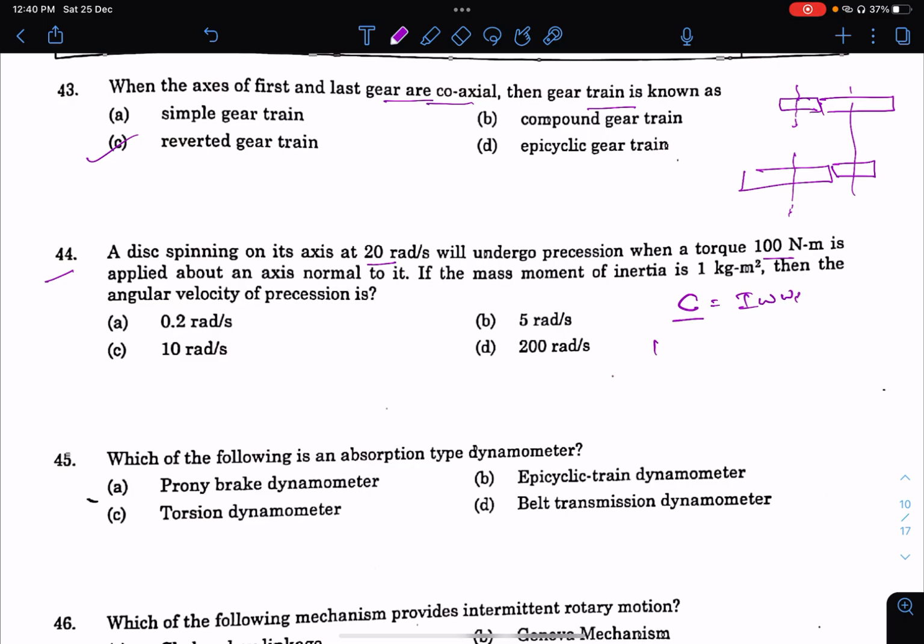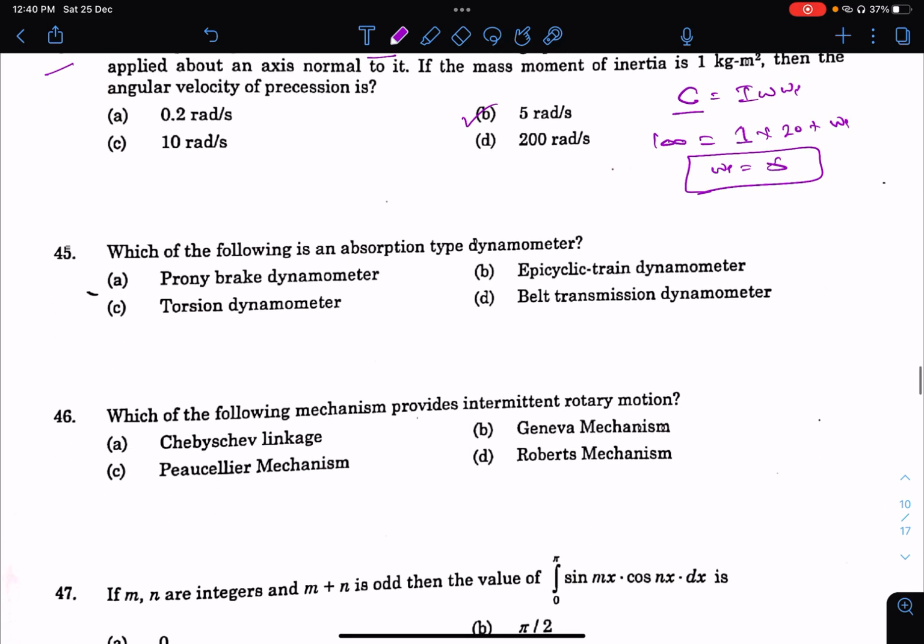So 100 is equal to 1, the moment of inertia is 1, omega is given as 20, and the angular velocity of precession we have to find out, that is 5 radian per second.